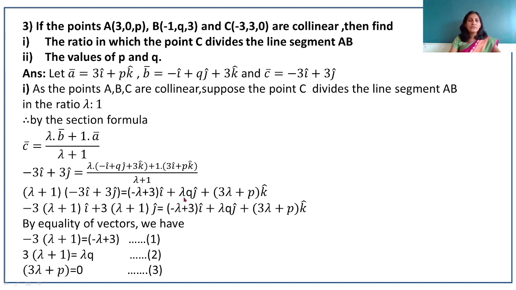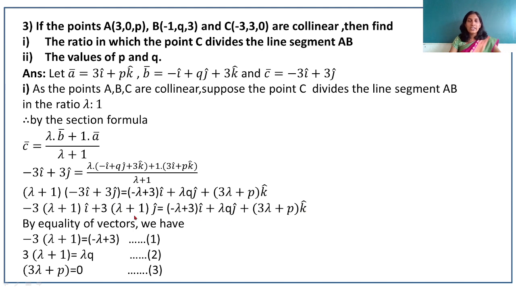After solving, we will get minus 3 into (lambda plus 1) i cap plus 3 into (lambda plus 1) j cap, which is equal to (minus lambda plus 3) i cap plus lambda q j cap plus (3 lambda plus p) k cap.